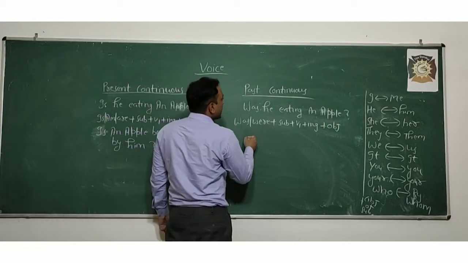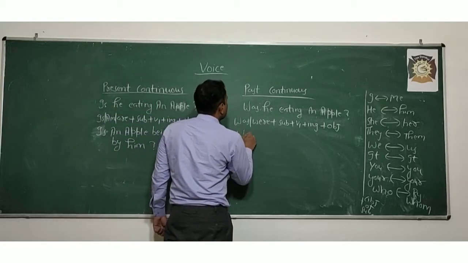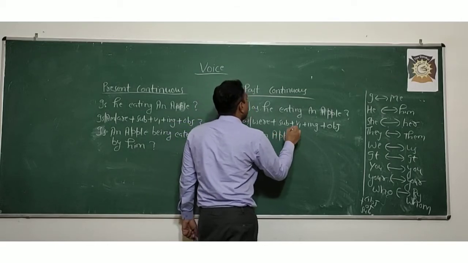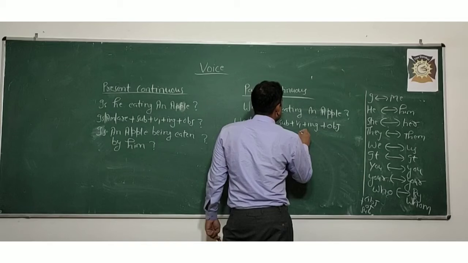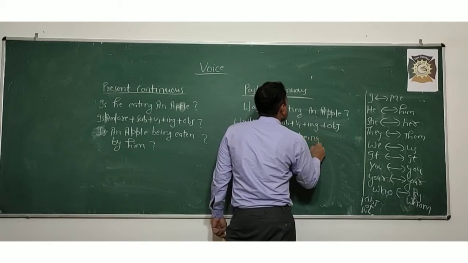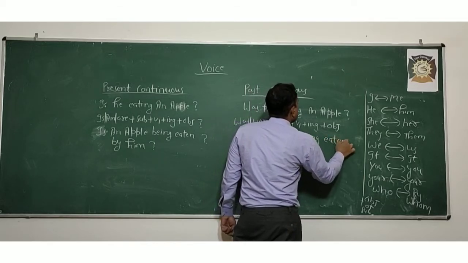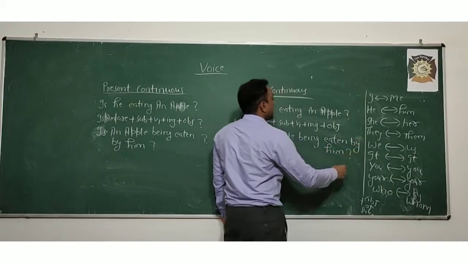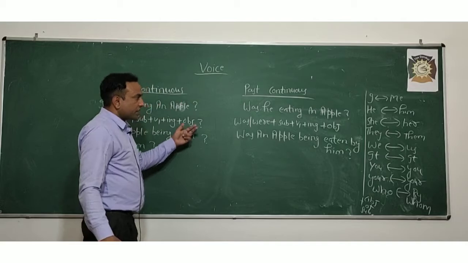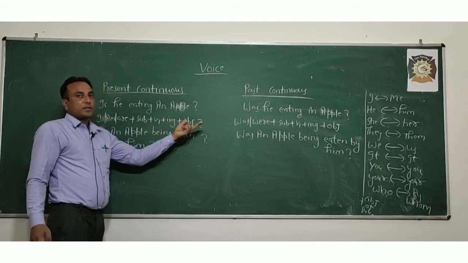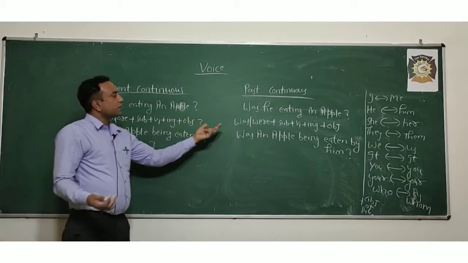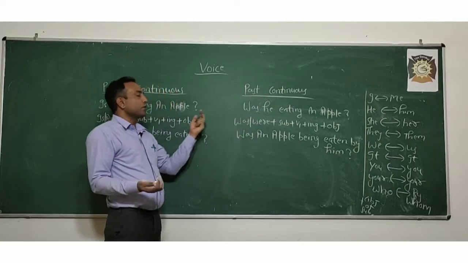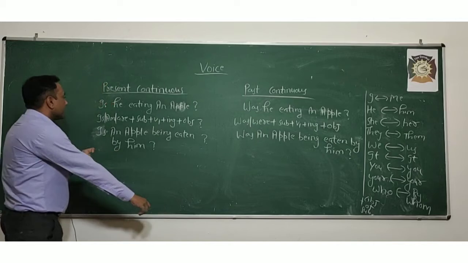Same you will change it here. Was an apple being eaten by him, and at the end question mark. So it is the same way, there is just a change of helping verb. After that the sentence becomes past. If you use is, am, are, then it becomes present tense.